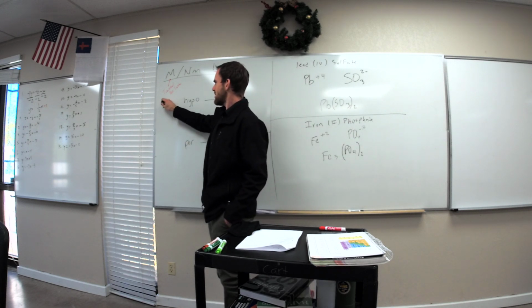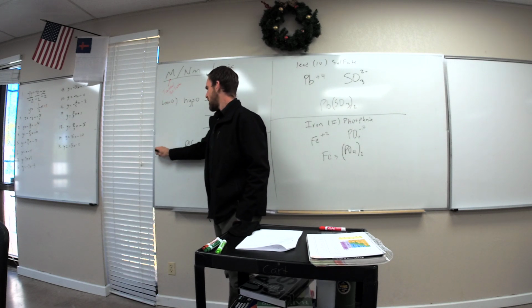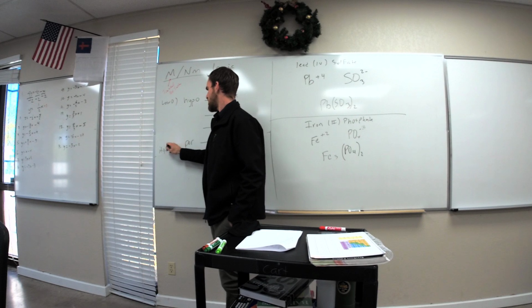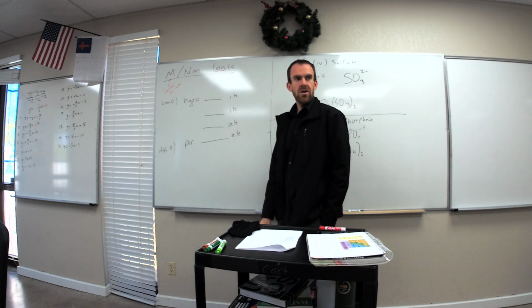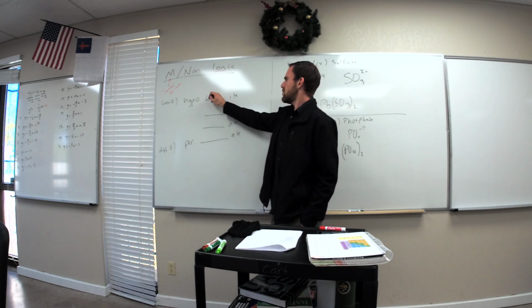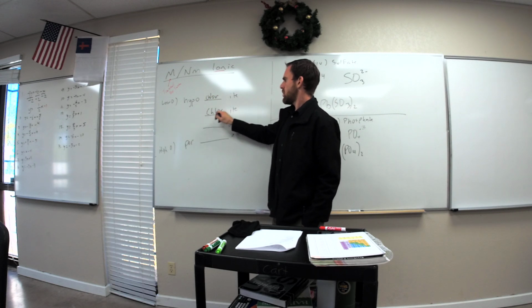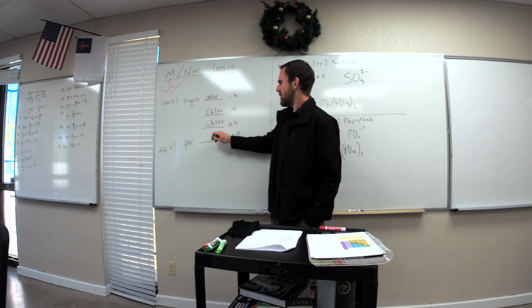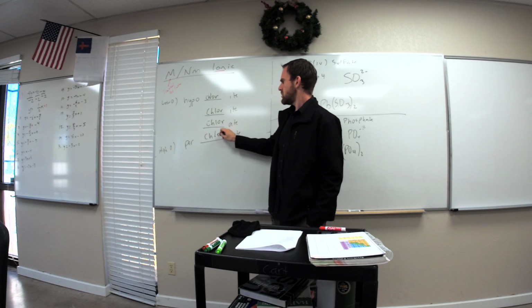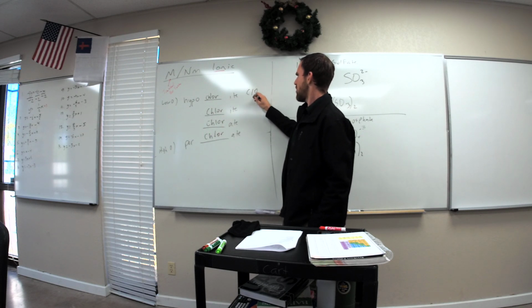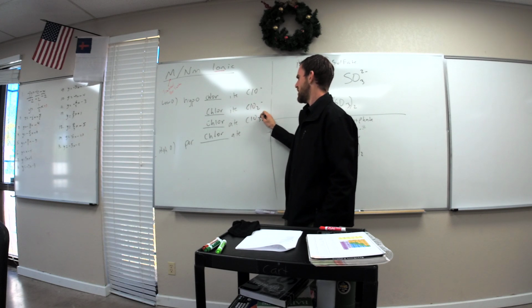So low oxygen, highest oxygen. So for chlorine, chlorine has all of them. So it is ClO minus, ClO2 minus, ClO3 minus, ClO4 minus.